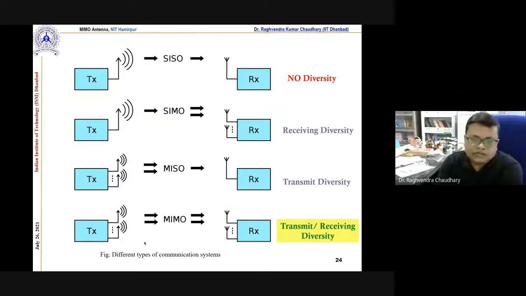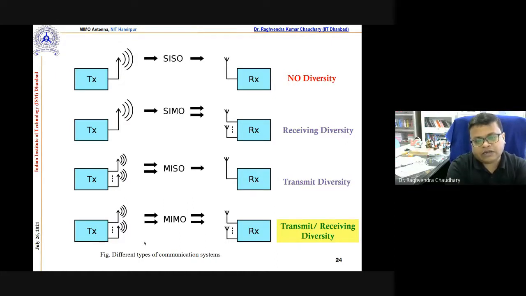These are the different communication systems. We are aware of SISO, single input single output. On the transmitter side there is one antenna, and on the receiver side only one antenna receiving the signal, right? Then we have SIMO, which is single input, multiple output, so at the output side we have diversity.